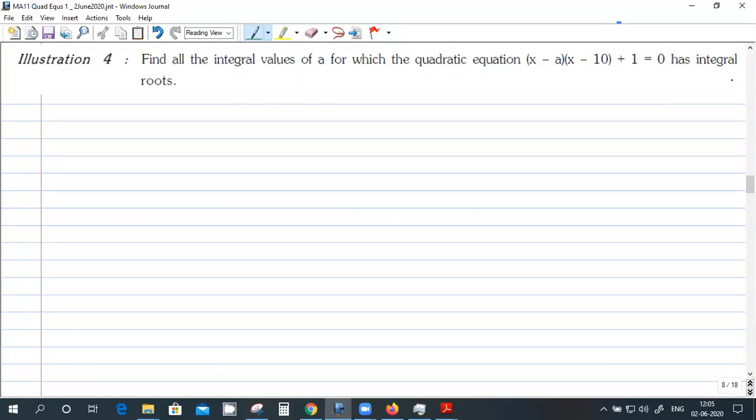Find the A for which the quadratic equation has integral roots. Integral means it's an integer value. Okay, so this is x square minus (A plus 10)x plus 10A plus 1 equal to 0.